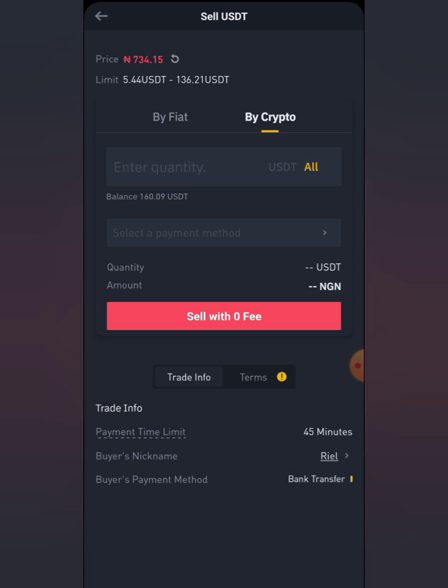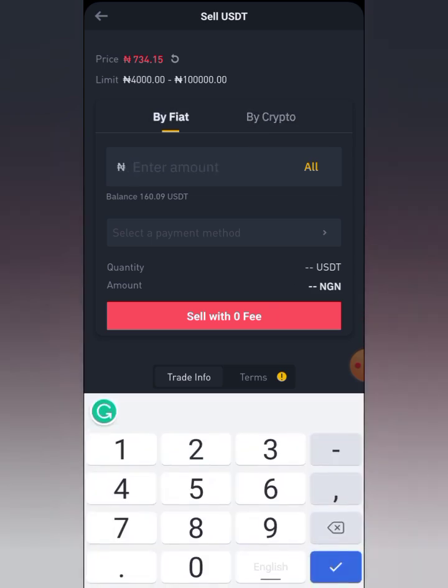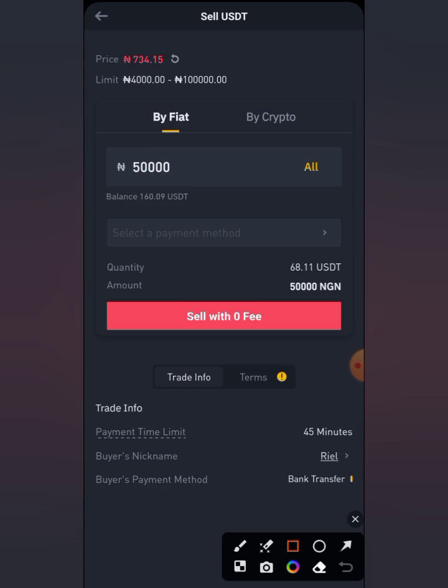I'll change it to fiat, and say that I want to sell USDT worth 50,000 naira to this particular merchant, and you will see the total amount of USDT this merchant will be buying from me, which I'm selling to him at the rate of 50,000 naira. So I'm going to be selling 68.11 USDT.